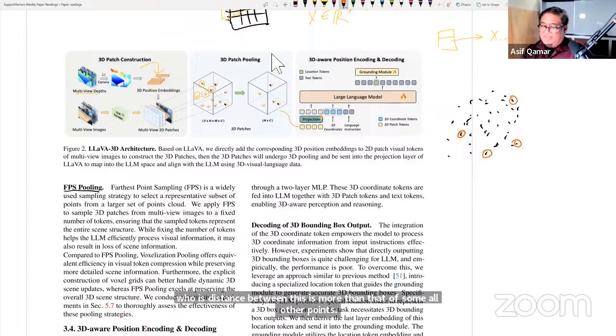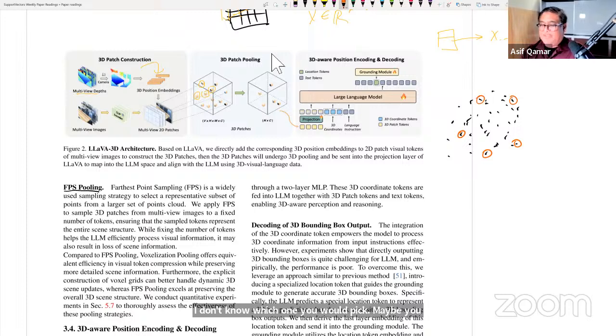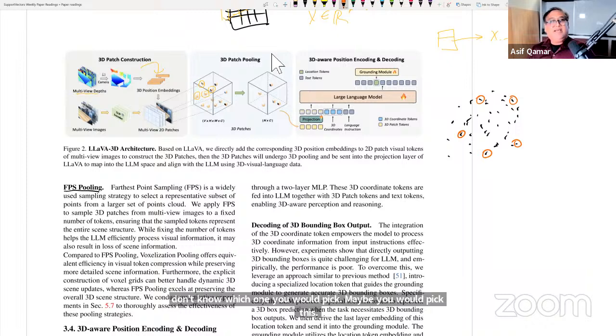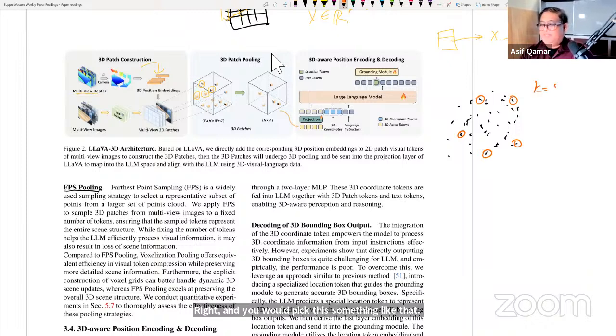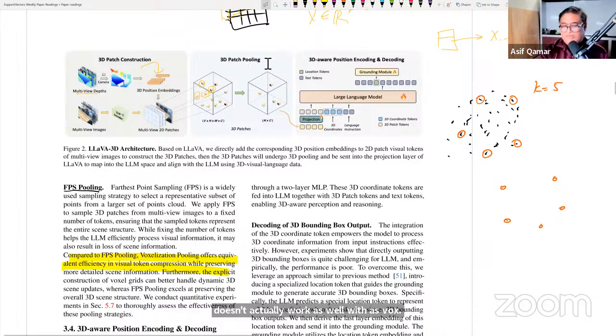Maybe you would pick this, and you would pick this, something like that. And you would say, okay, if k is equal to 5, then you reduce the point cloud to just these 5 points, right? So that is called FPS pooling, farthest point sampling pooling. People use this. This paper goes on to say that it doesn't actually work as well as voxel pooling. But nevertheless, you can do the pooling, sample it out.